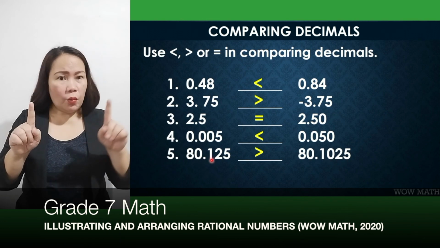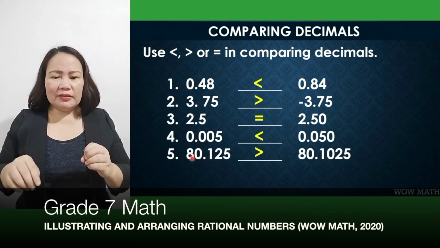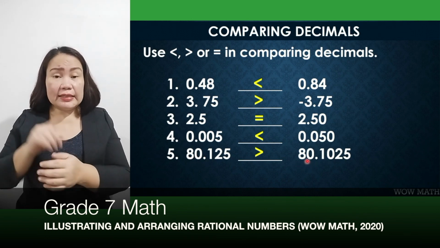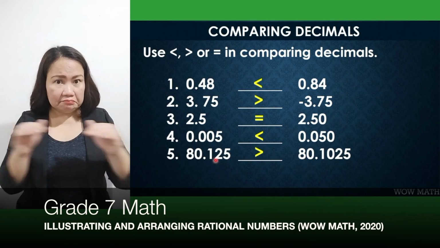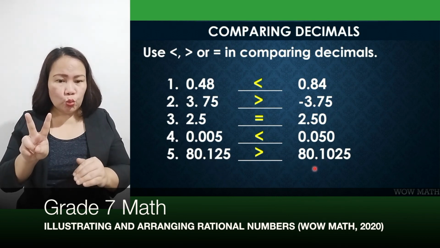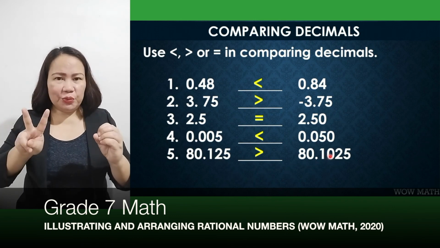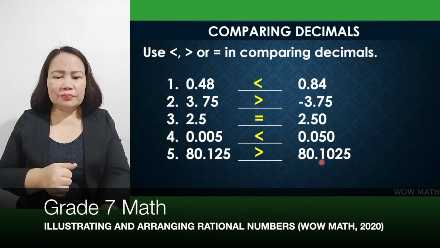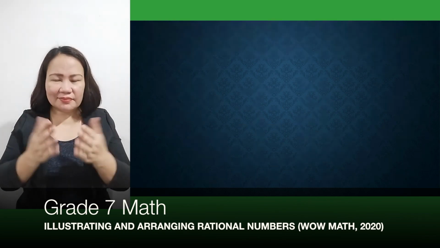No. Always compare the place value. So, ito, since pareho ang kanilang whole number, punta tayo sa tens values nila. So, ones, tens. So, this is 1. Same sila. Dun sa hundreds, 2. This is 0. Alright? So, this is bigger than this.